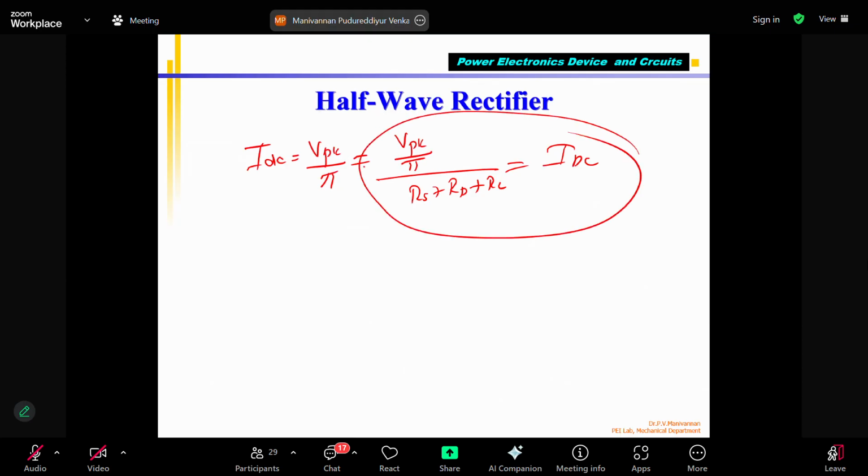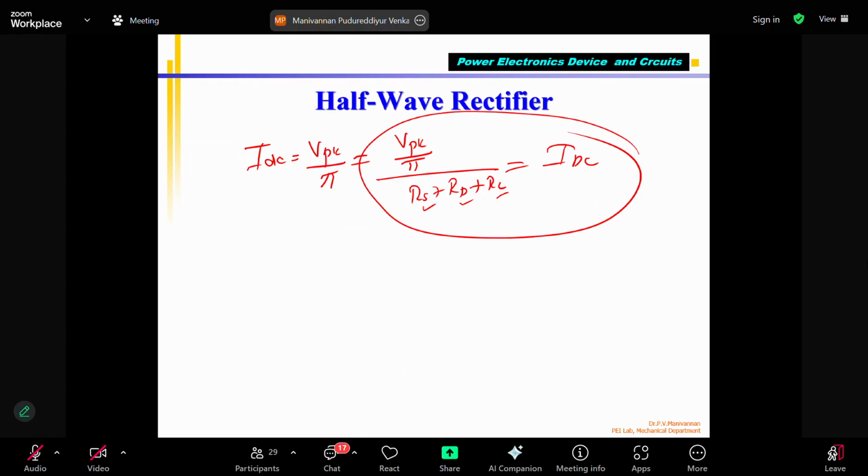Note on this formula. Okay. Once RS value, RD value, RL is given, and if he has given V peak value or VRMS, from VRMS you can calculate V peak. Correct? Then from that, divide by resistance value, you can calculate IDC. Okay. DC current can be computed. Okay.